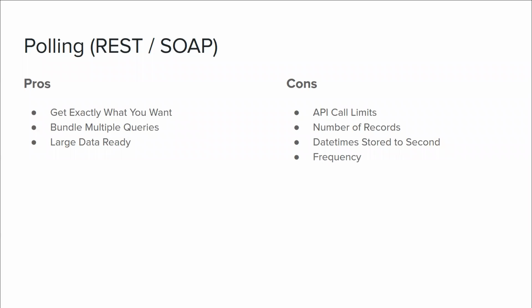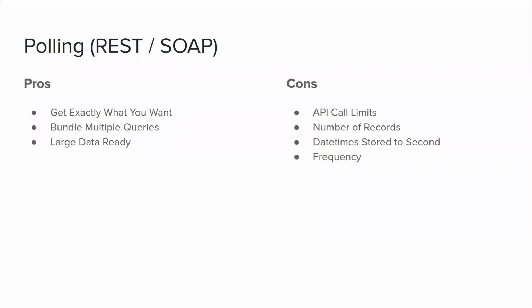Date times in Salesforce are stored down to the second. So for a lot of people, this may not be a problem. But if you're dealing with large data that gets updated within a single second time frame, so let's say your SQL query is saying, give me the last 1,000 that were updated, and you did a large bulk update that updated 10,000 records, it will only get those 1,000 for the last second.